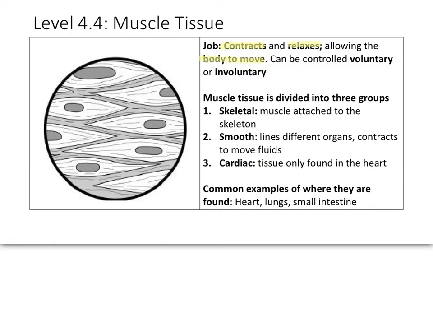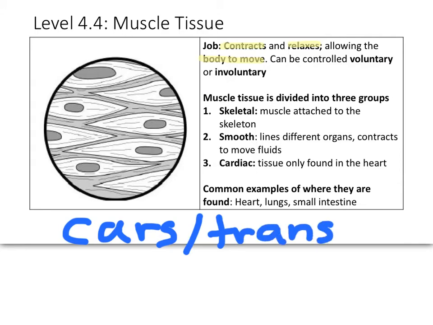If we were using analogies, well, the muscle tissue, they are like, I guess, for lack of better ideas, our cars or our transport system. They allow us to move.